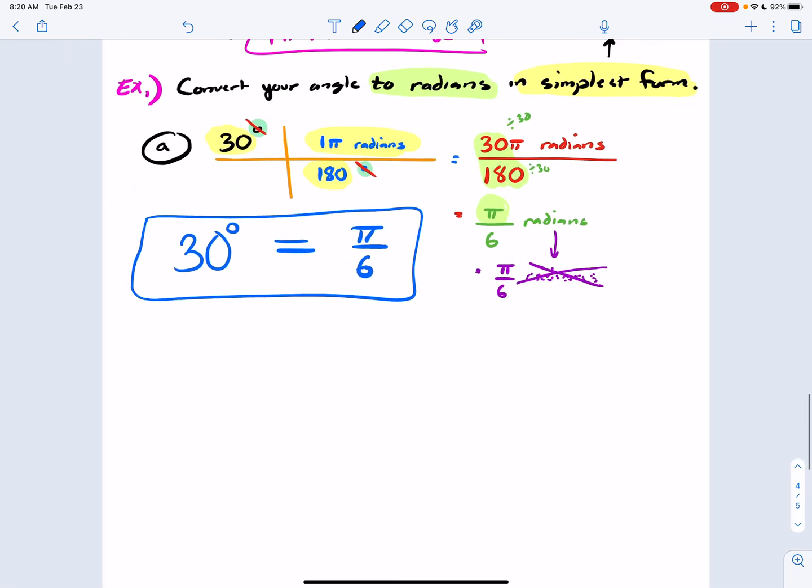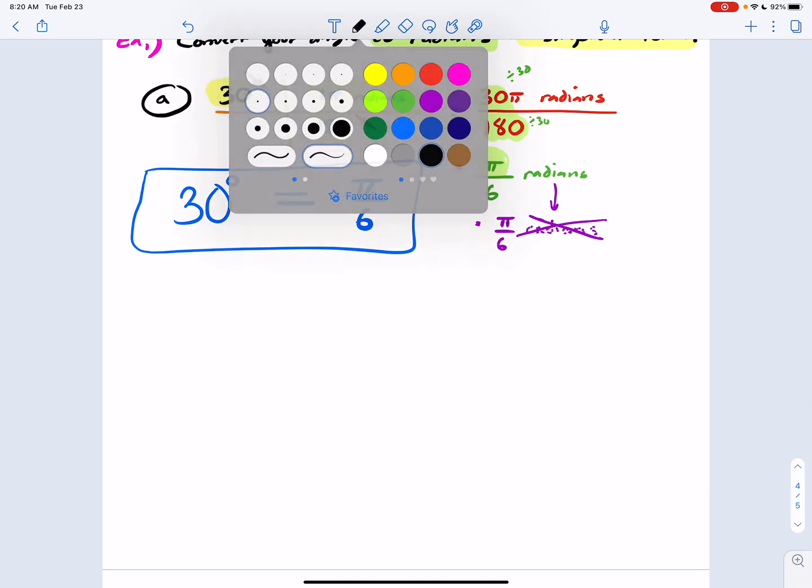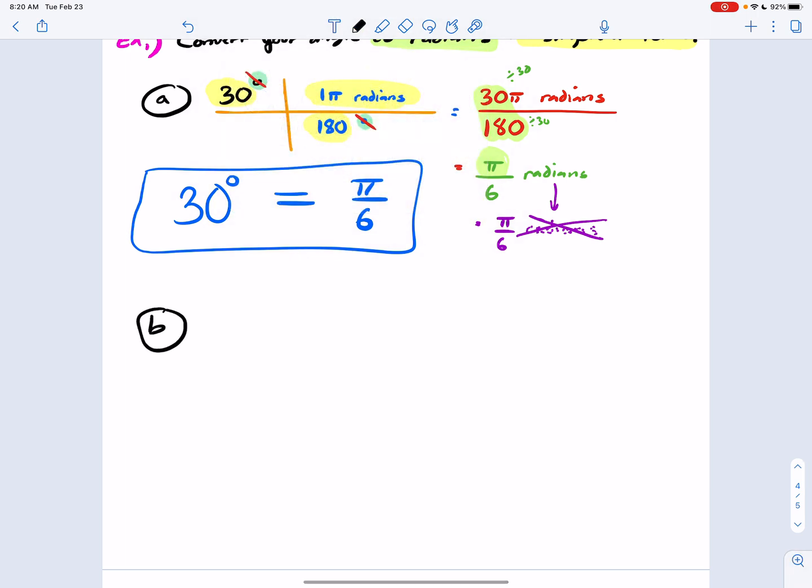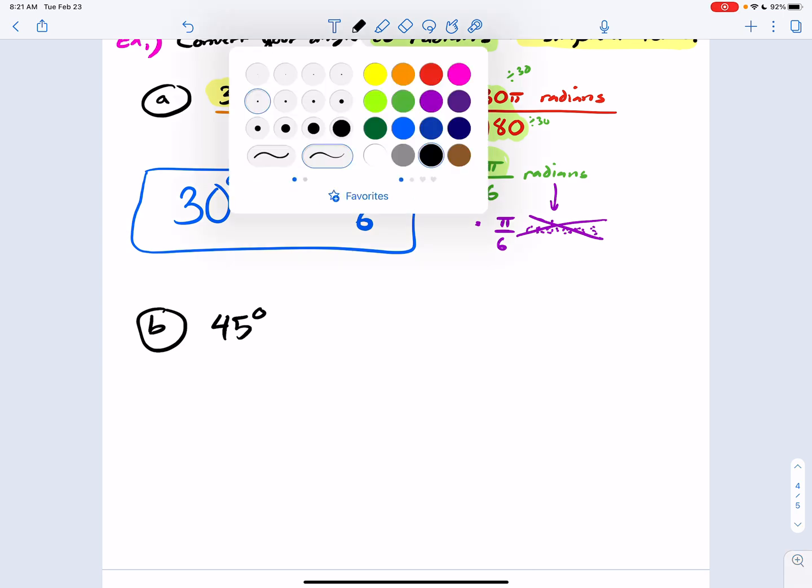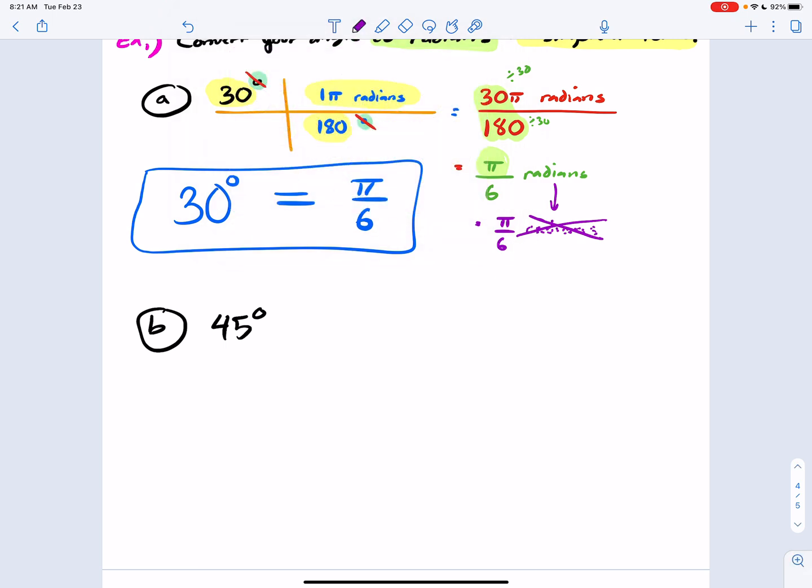All right, so let's try a few. Here's part B: 45 degrees. Now, here's the other method, I should say. Not really a method.